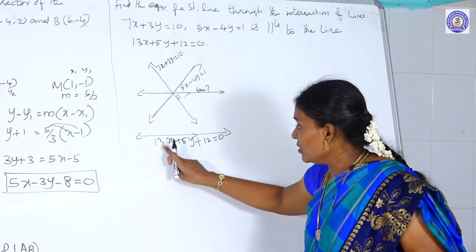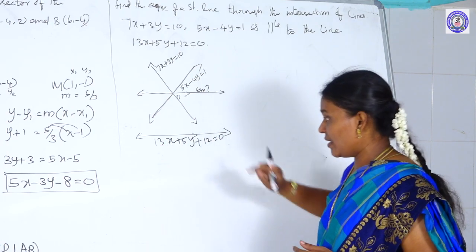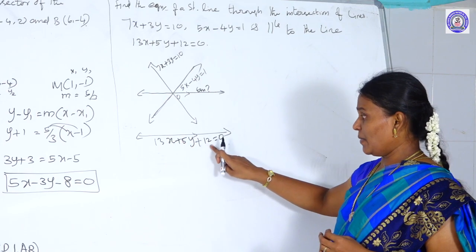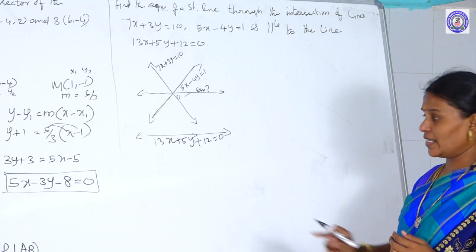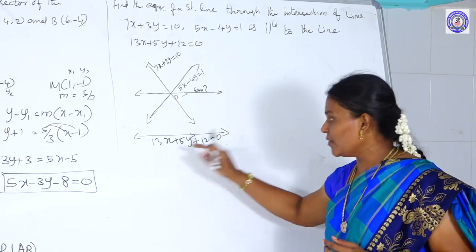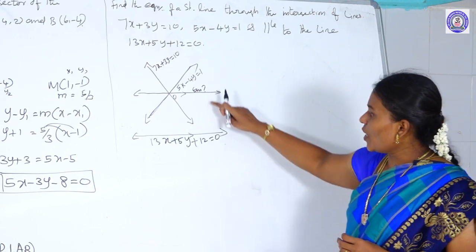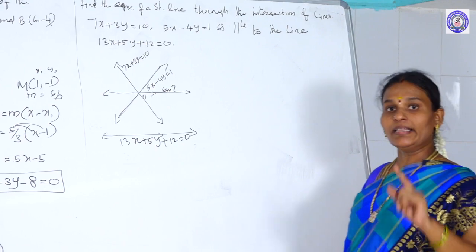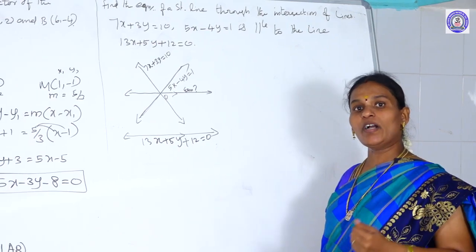The general form of the equation, 13x plus 5y plus 12 is equal to 0, is the equation of a straight line. You can find the slope of this line. And since these two are parallel, you already know that if two lines are parallel, then the slopes are equal.